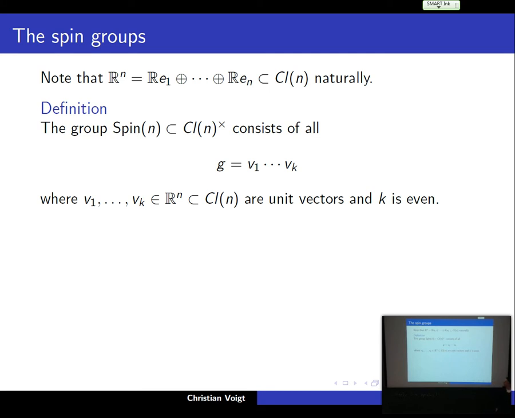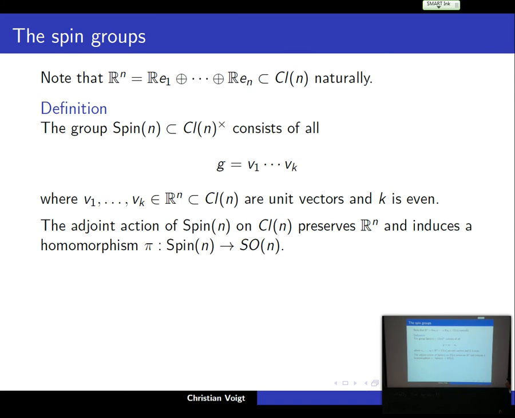You get this way, and actually, it's unitaries. These are the unitaries. But okay, so this is how you get the spin group. And so the covering map to SON is also given quite explicitly.